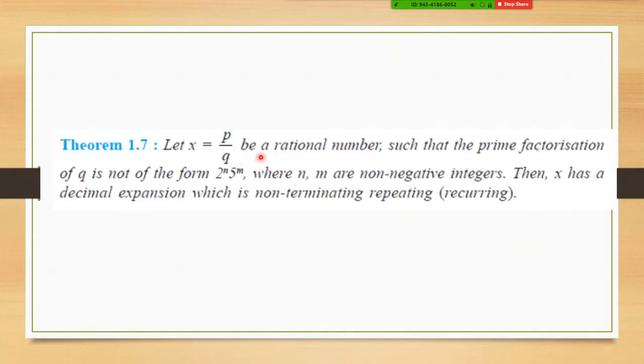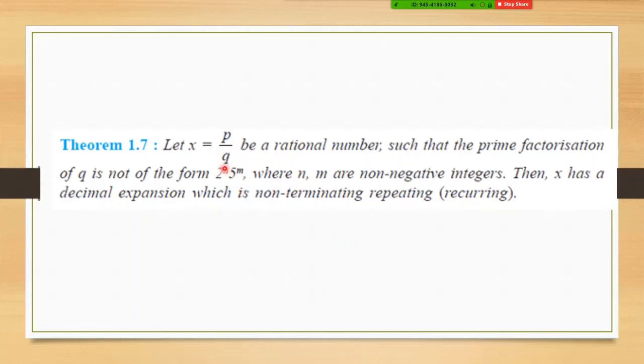Whereas when we are talking about p by q, where q cannot be written in the form of 2 to the power of n into 5 to the power of m, that means the decimal expansion will be non-terminating but repeating or recurring, because it is a rational number. Clear? So you only need to check q in such cases. If q is in the form of 2 to the power of n, 5 to the power of m, it is terminating, over and out.